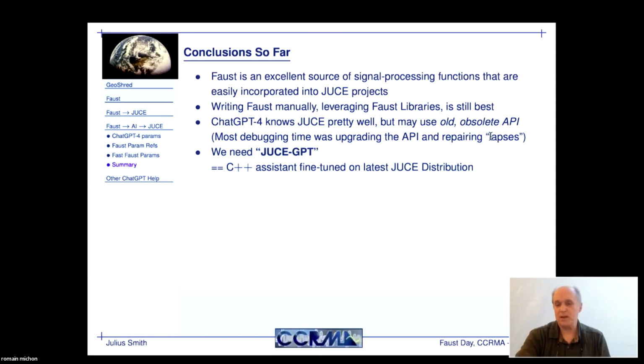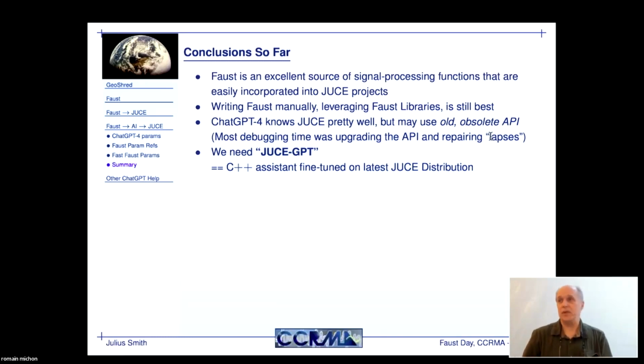So what I was telling the JUCE team when they were here is that what we need is JUCE GPT, where you take one of the language models that's used for code assistance, like GitHub Copilot or Amazon Whisper or whatever the latest Google version is. You take a large language model that's already fine-tuned for all the major languages, and then fine-tune it for JUCE using only the latest JUCE distribution, and then hopefully that'll do it.